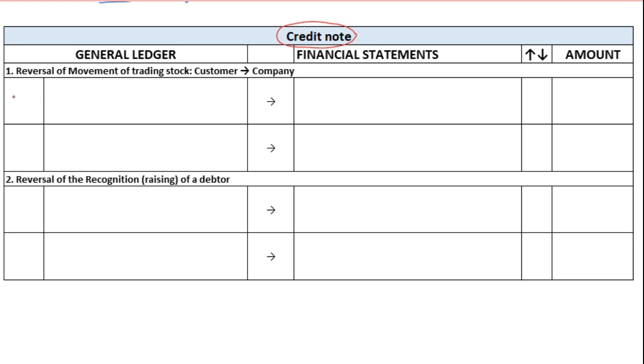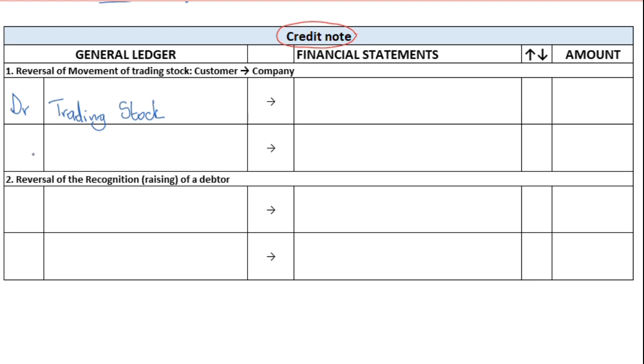Since the customer has returned the goods back to the company, the trading stock on hand has increased, and we must reflect this in our books by increasing our trading stock balance. The trading stock account is an asset account. Assets increase on the debit side, so we debit the trading stock account.